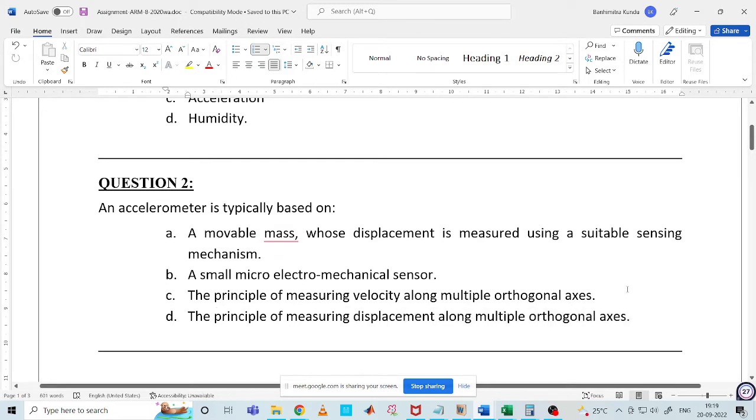See, it actually measures the displacement along orthogonal axis, isn't it? So it is also giving the displacement along the orthogonal axis. But it measures acceleration. Correct. And then Y acceleration, then Z acceleration, right? Yes. Correct. ABD.